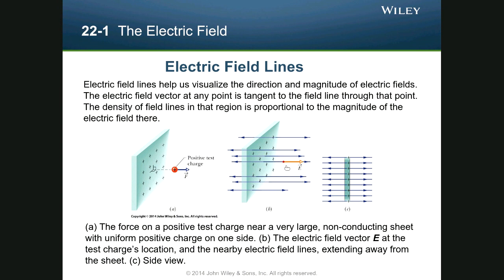I want to slow down a little here, because I can already feel myself going too fast. The field is something we can quantify, and we can draw these field lines. However, if we have a test charge, we're only interested in the electric field at that test charge. So this point gives us the electric field only at the location of the test charge.